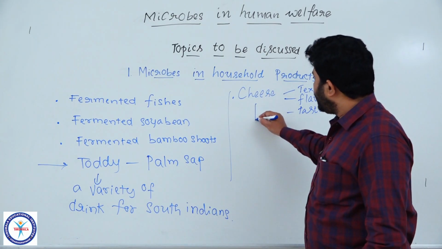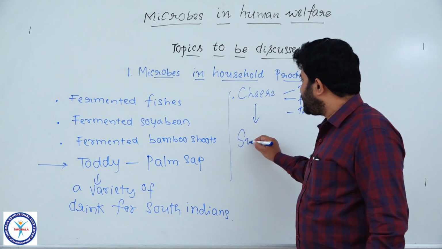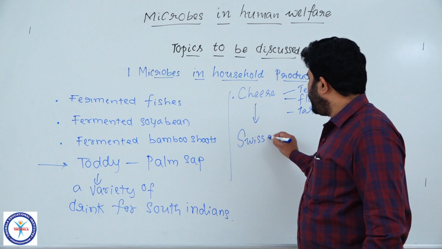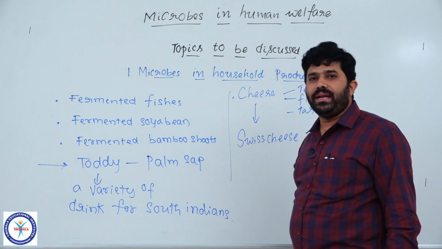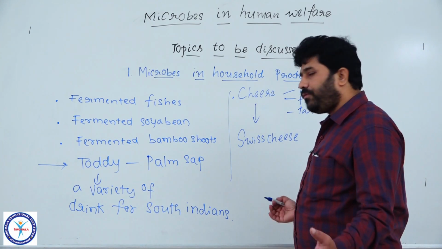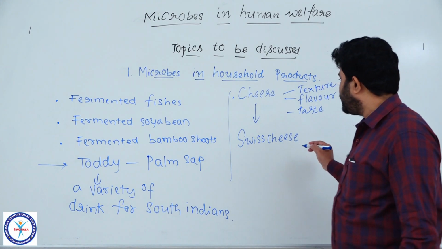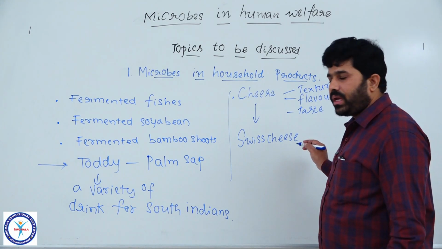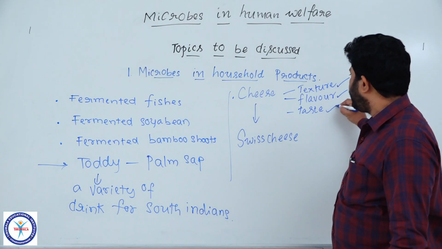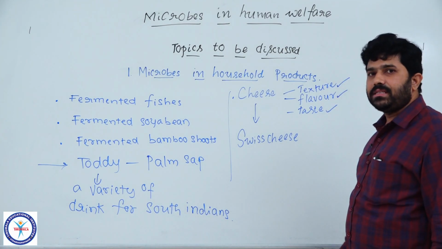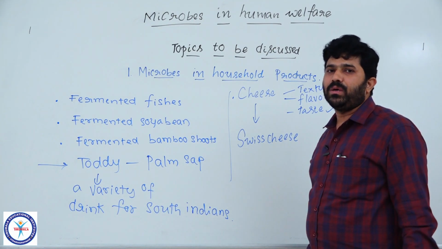Understood? In that, two varieties of cheese we generally observe. That is Swiss cheese. Already I said cheese is an ancient, oldest food variety. This Swiss cheese is one of the varieties which maintain all these characteristic features like texture, flavor, taste. To obtain all these characteristic features in Swiss cheese, we add some microbes.